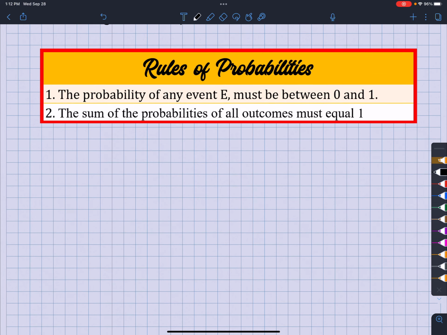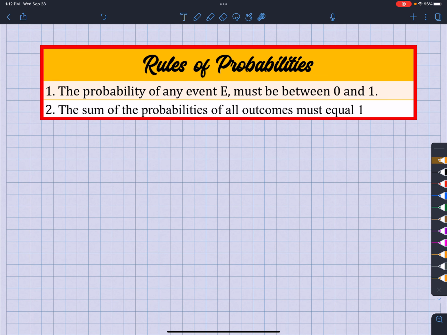So the rules of probabilities. The probability of any event E must be between 0 and 1, and the sum of all probability outcomes must equal 1. Okay? So if we look back at the die example, the probability of rolling a 1 is 1 out of 6.